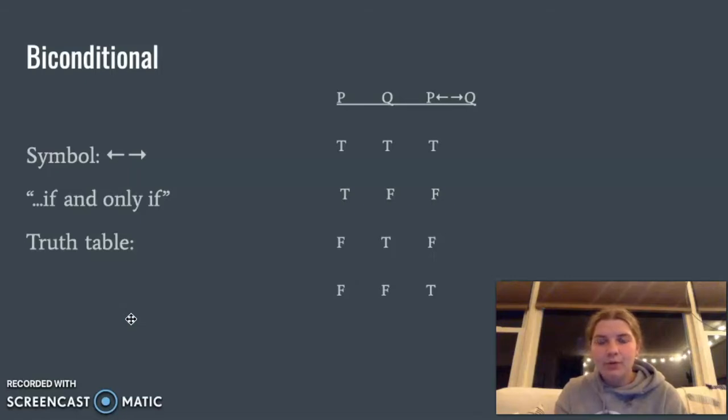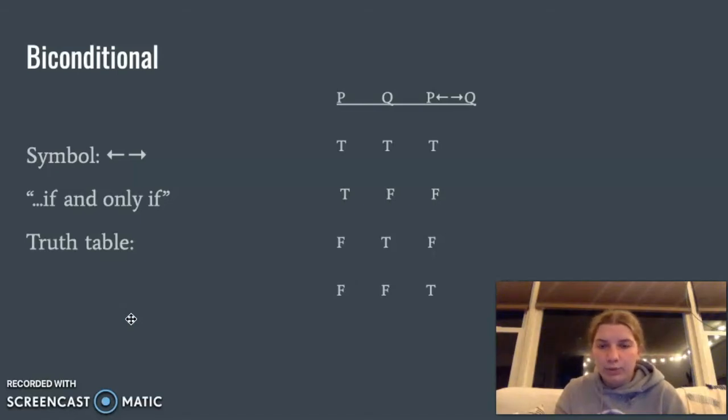Basically, both P and Q truth values have to be the same for the biconditional to be true. So, row by row, P is true, Q is true, they're the same, meaning the biconditional is true. Row 2, P is true, Q is false, they're different, so the biconditional is false.